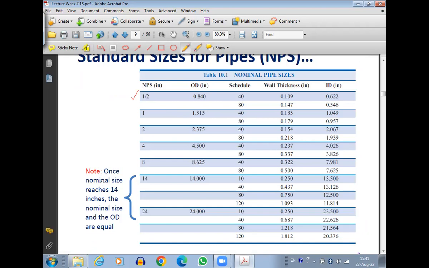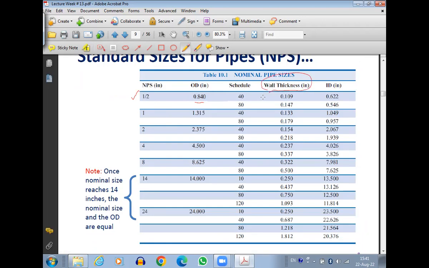Nominal pipe size is not the inner diameter and also not the outer diameter. In this case, the outer diameter is 0.84 inches, and the inner diameter depends upon the wall thickness.